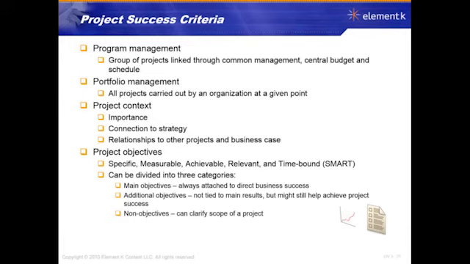And you can have hundreds or thousands going on at any one time in a really large organization. The importance or the context of the project, how it relates to the overall business strategy, and also the project objectives. Were they SMART? Were they specific, measurable, achievable? Were they relevant, and were they time-bound or time-constrained? So we need to look at all of these when we're talking about project success criteria.